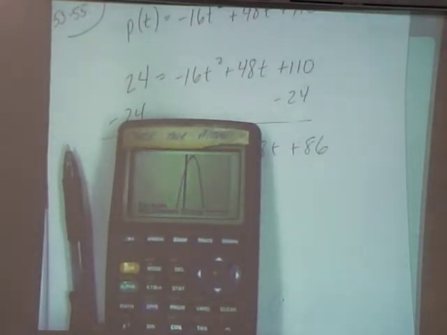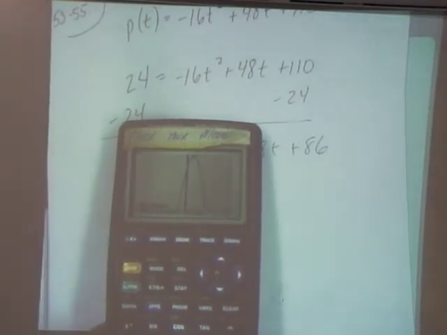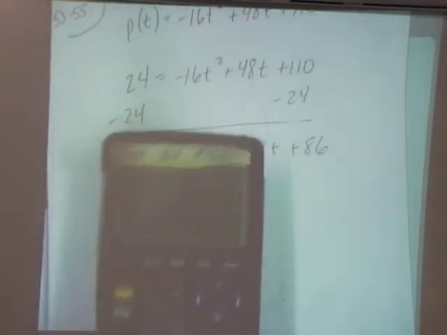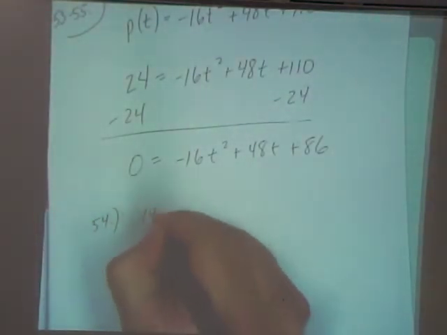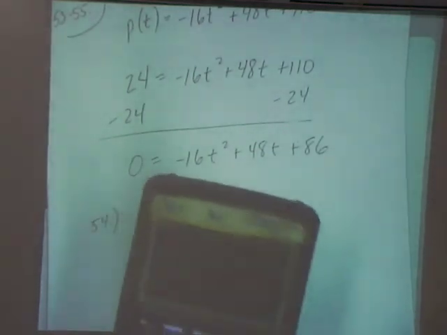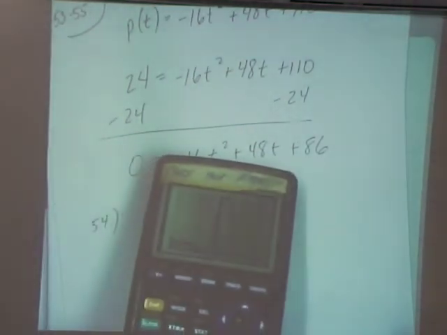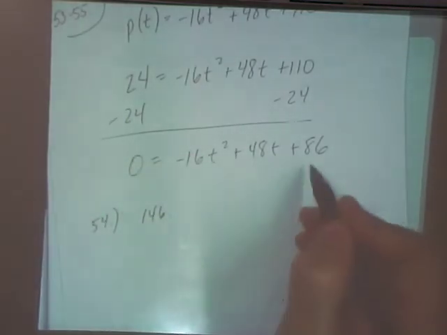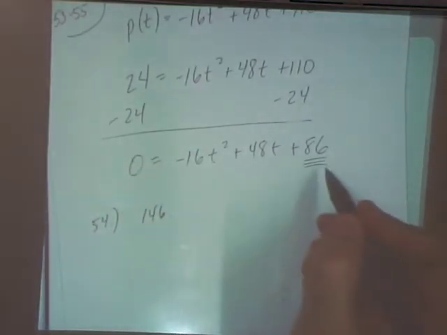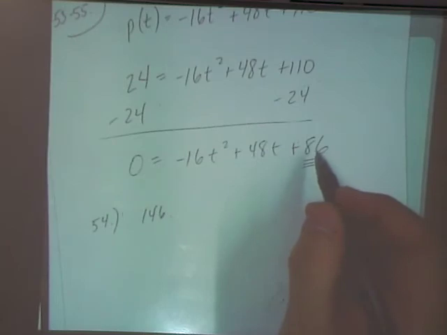Oh, I'm still in the last one. What do we change the window to? 150 for Y max. Okay, 146. So let that be a lesson: make sure you go back to the original equation, because we had her kicking it off an 86-foot bridge instead of a 110-foot bridge.